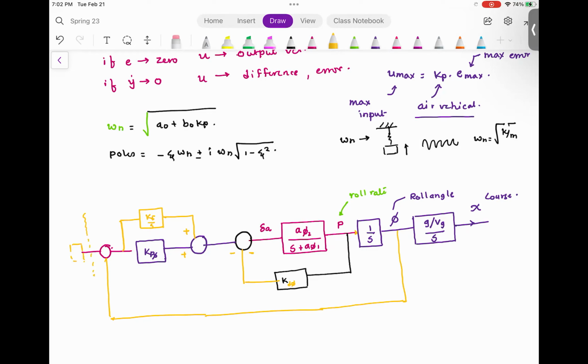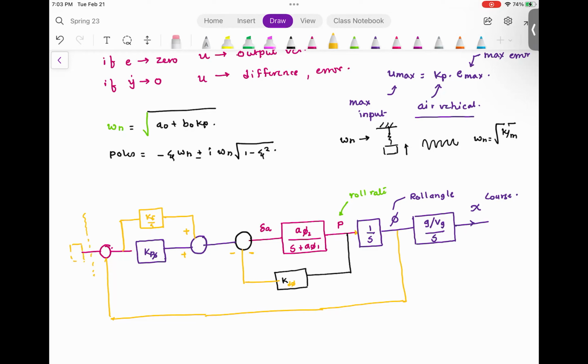But what I want you to see is that this is the partial. There is one more transfer function before this. At the end of the day, I want to control the course angle of the aircraft. I want to decide what is the course angle of the aircraft. So at the end, I have the actual course angle, and before this transfer function is the commanded course angle.